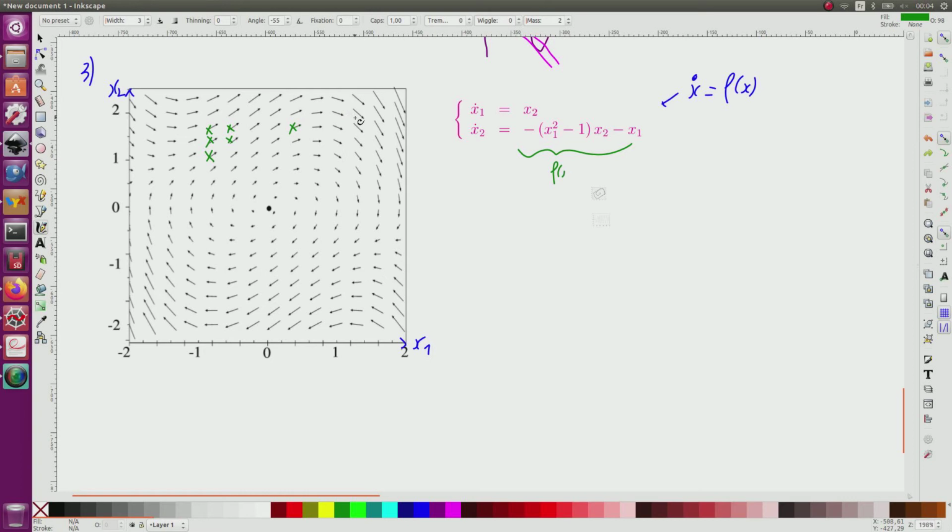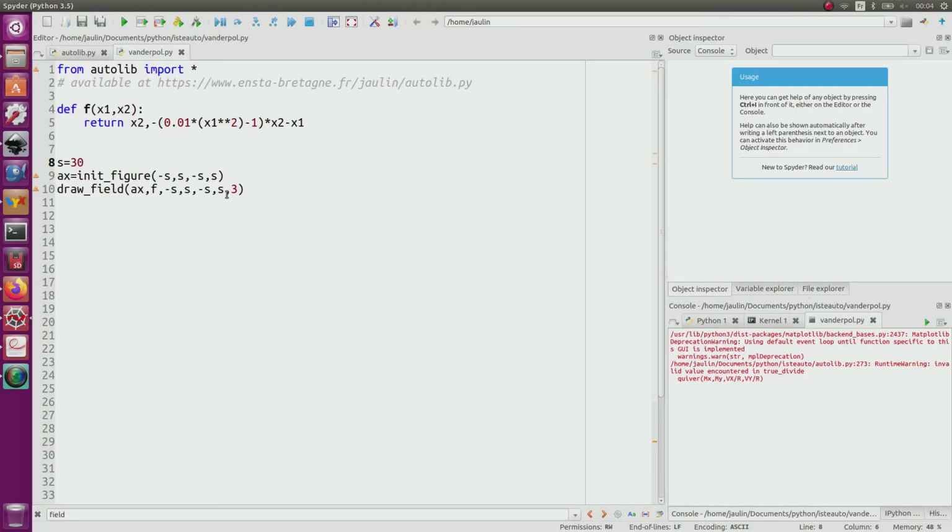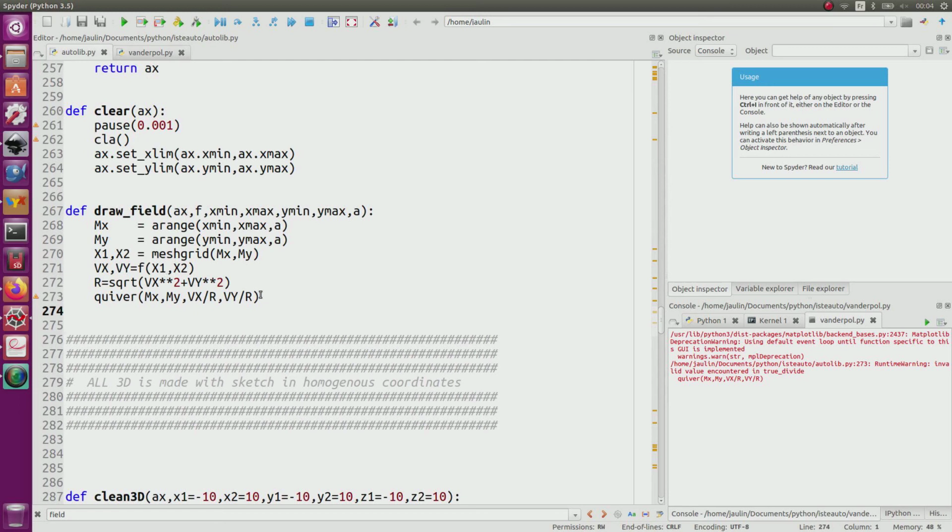So this is done by meshgrid and quiver in Python, in MATLAB also, or other languages. If I switch to Python, I have a draw field function inside the autolib library available here. If I have a look at autolib, I can see that I use arange in Python to make the gridding mx and my. Then I compute the corresponding grid from these two vectors.